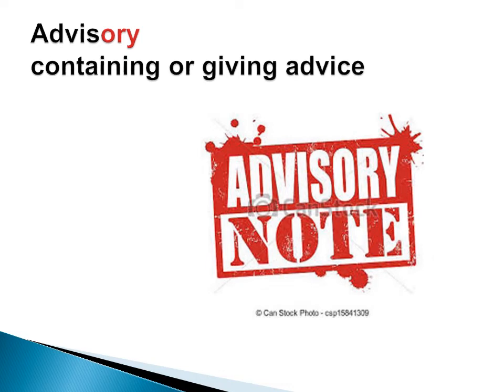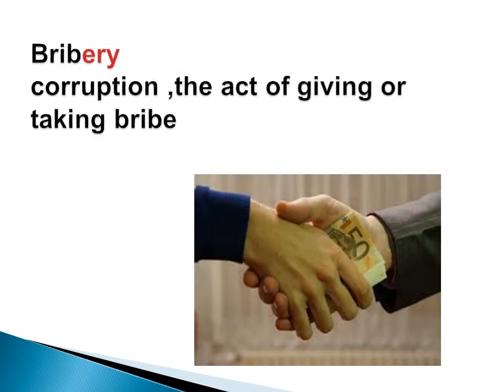Advisory is our next word, meaning containing or giving advice. Advisory. Bribery is our next word, meaning corruption or the act of giving or taking a bribe, whether money or in kind.